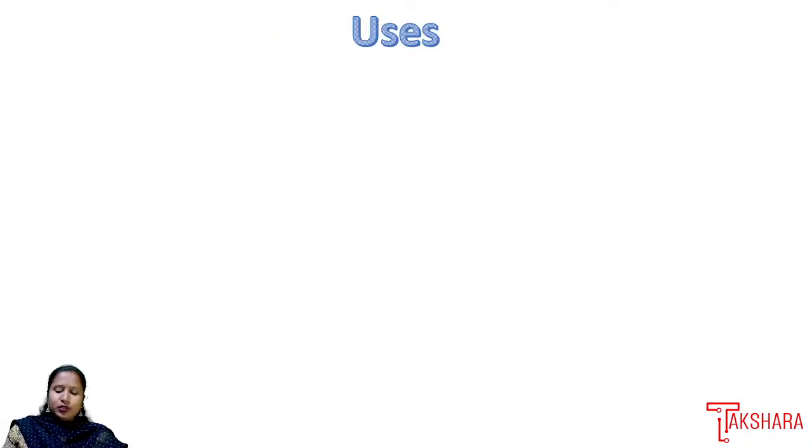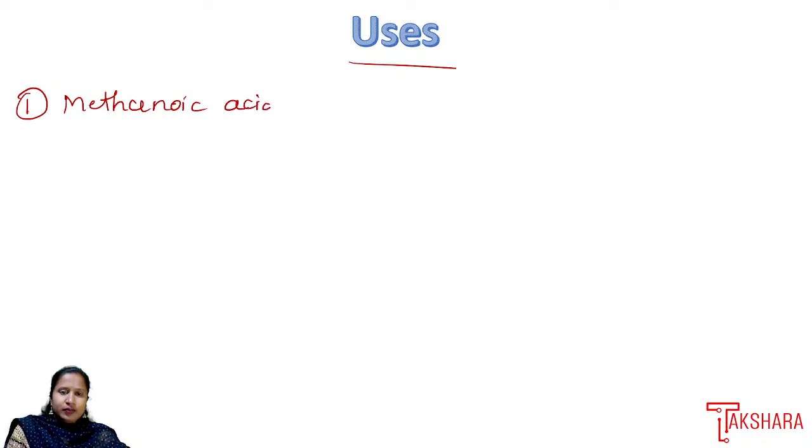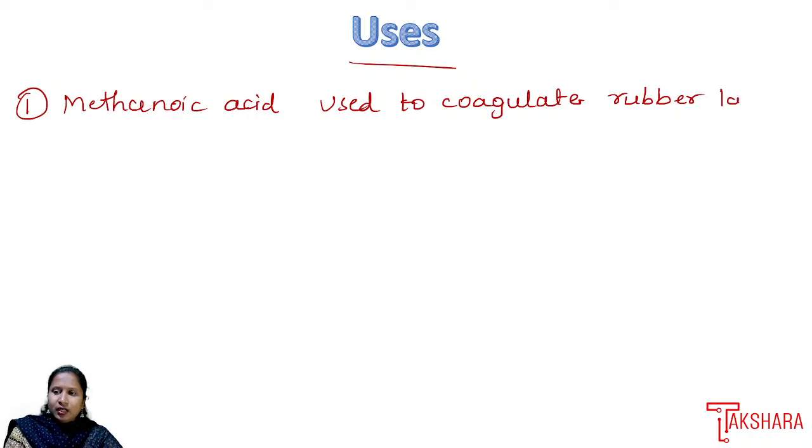Next we have some uses of carboxylic acids. Let us know a few uses. The first is methanoic acid, which is used to coagulate rubber latex.